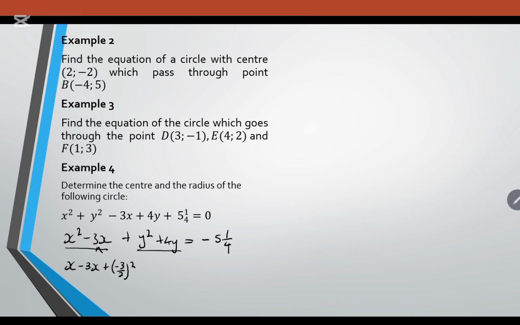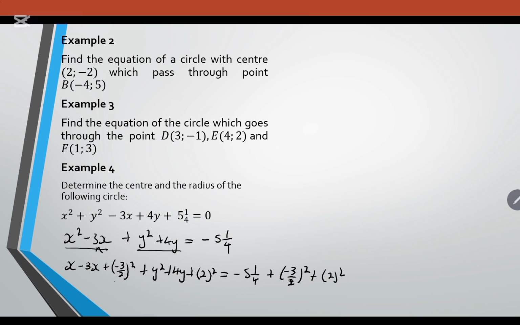We add it and subtract it. Since we have the equation, I'll add it on both sides. So plus y squared plus 4y plus half of 4 is 2 squared. This is equal to negative 5, plus negative 3 over 2 squared plus 2 squared.